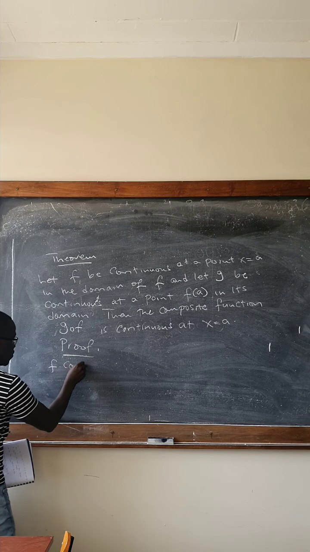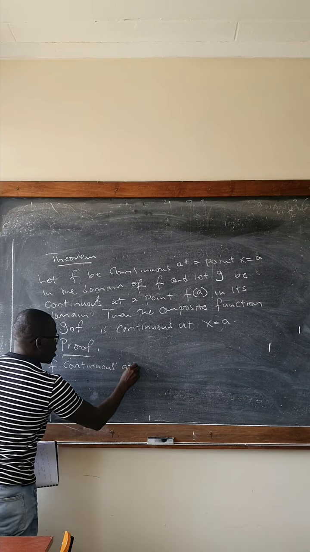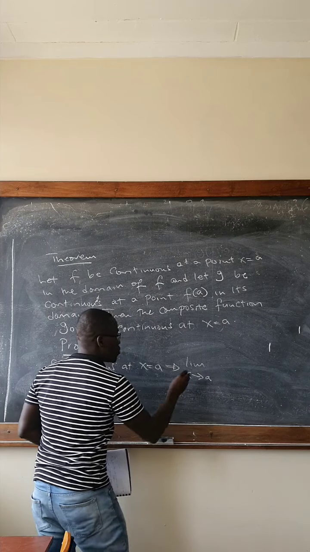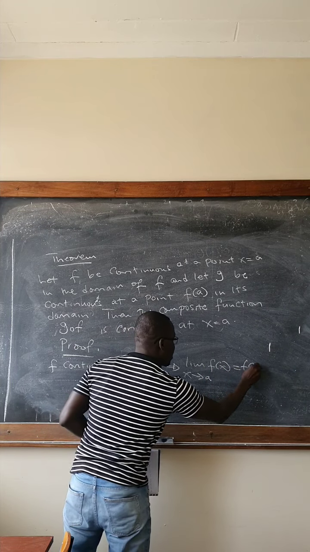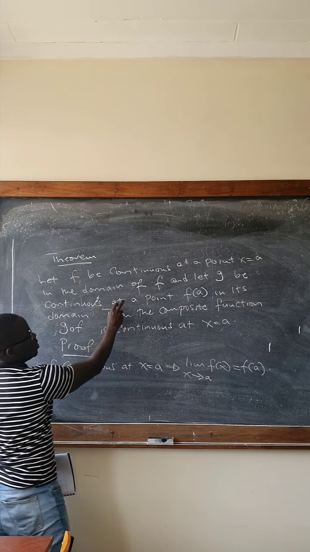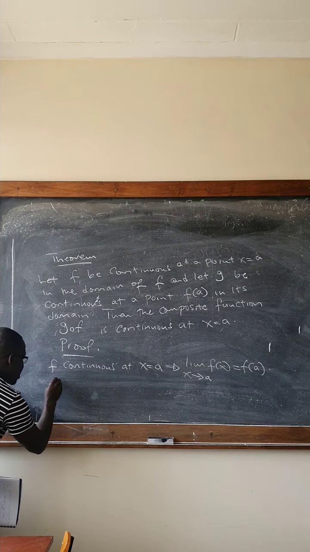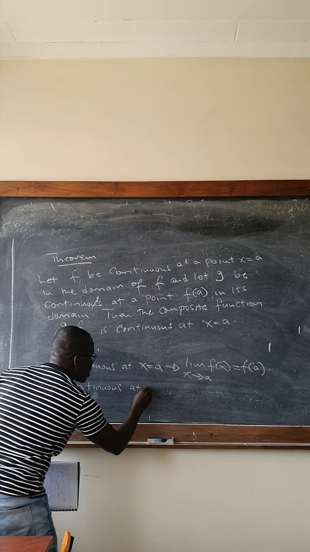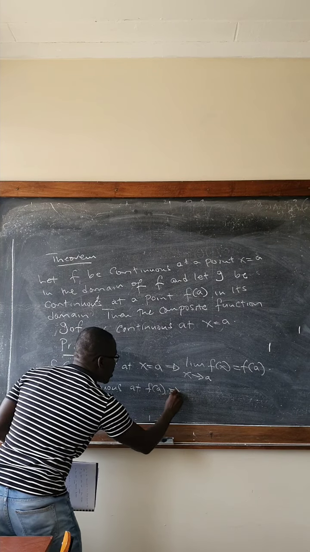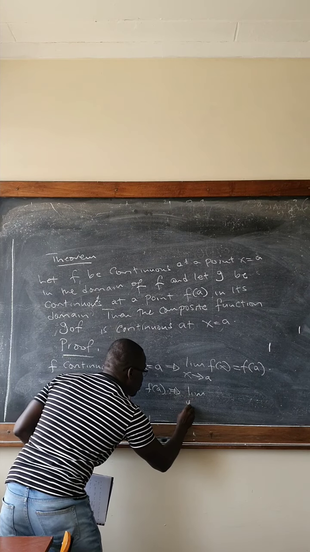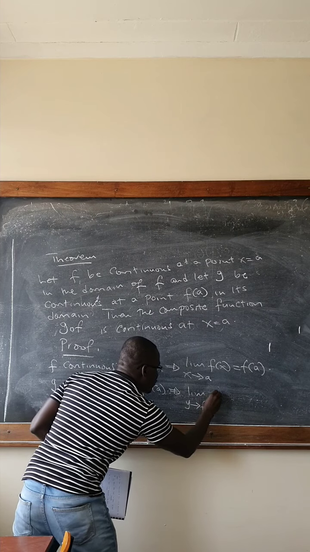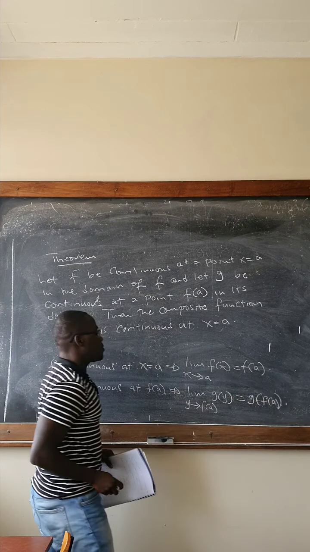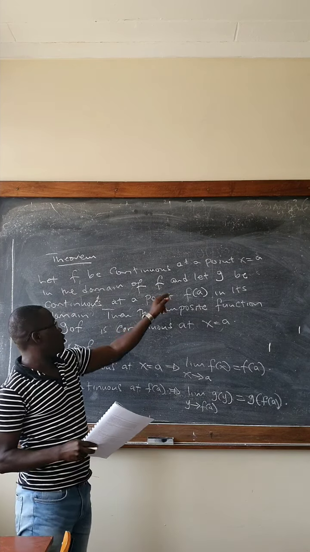So we can say that f continuous at x is equal to a implies that the limit as x tends to a of f of x is equal to f of a, and then g continuous at f of a implies that the limit as y tends to f of a of g of y is equal to g brackets f of a. That's basically what the two assumptions here mean.